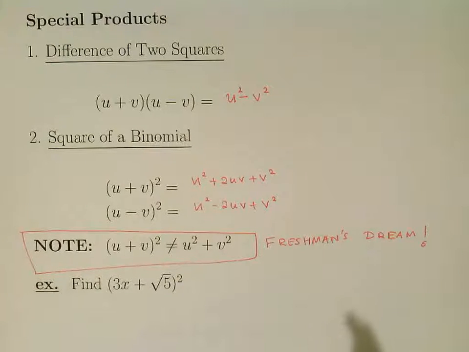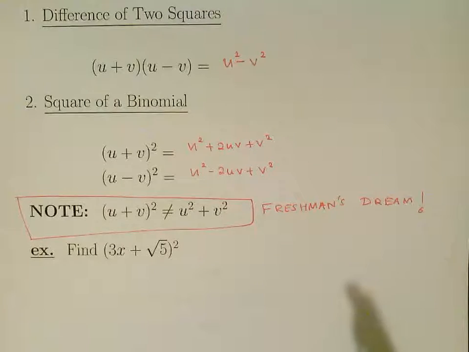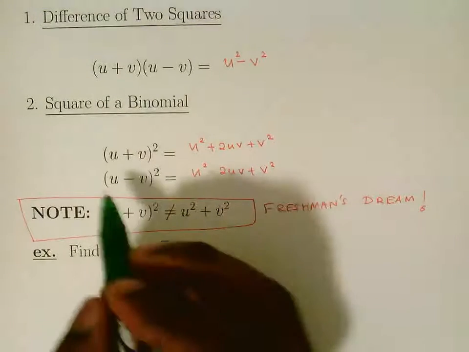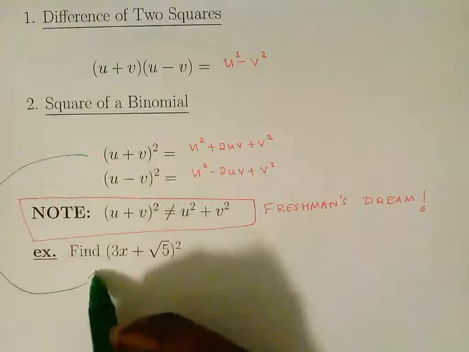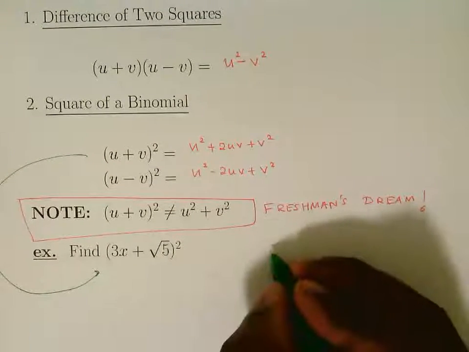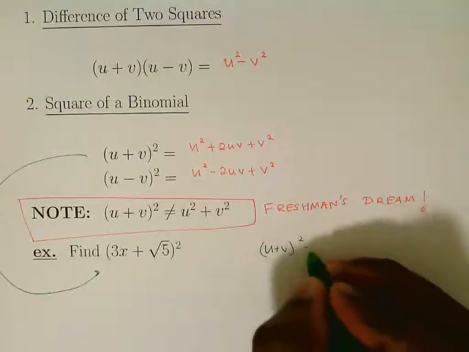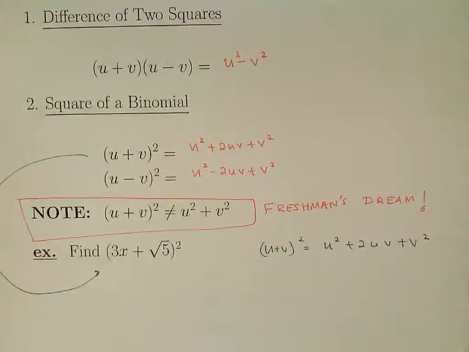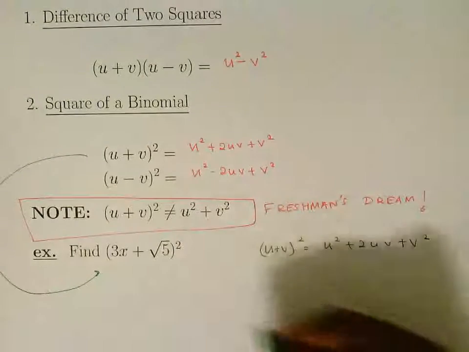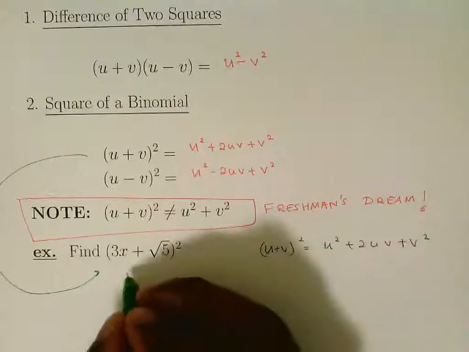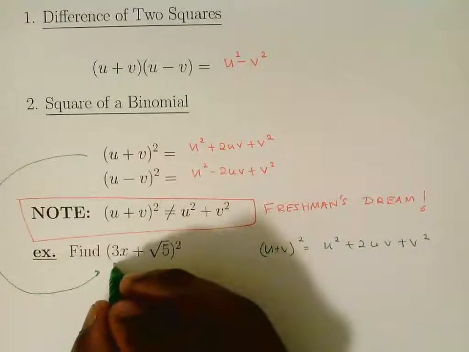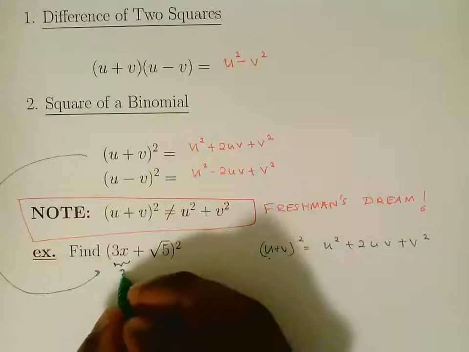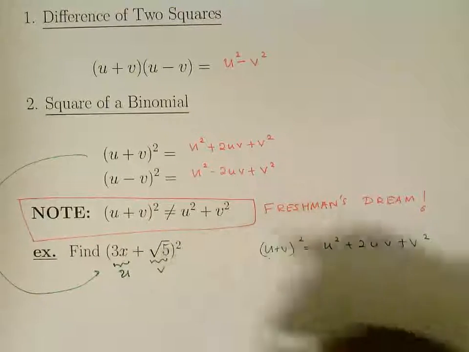All right. So let's see how we apply this to this example right here. The formula gives you u plus v squared is equal to u squared plus 2uv plus v squared. When you compare, you can see this is your u and this is your v.